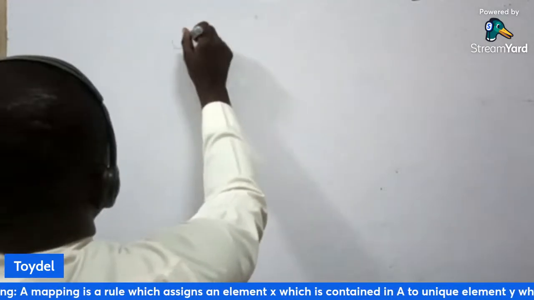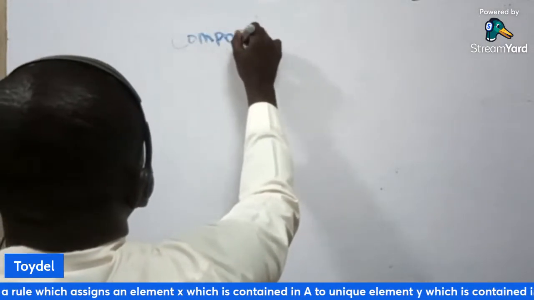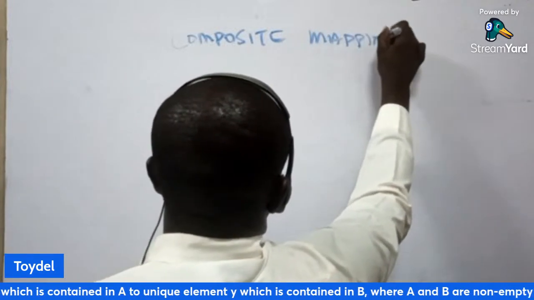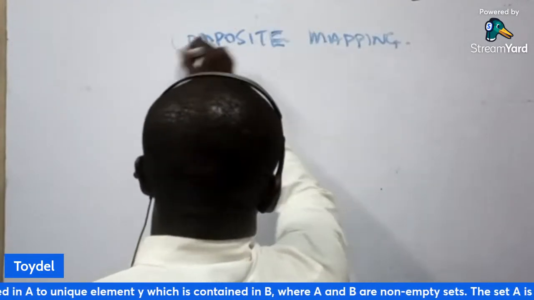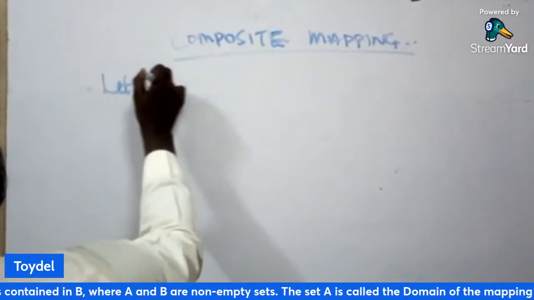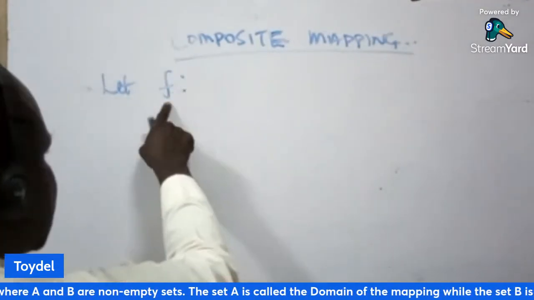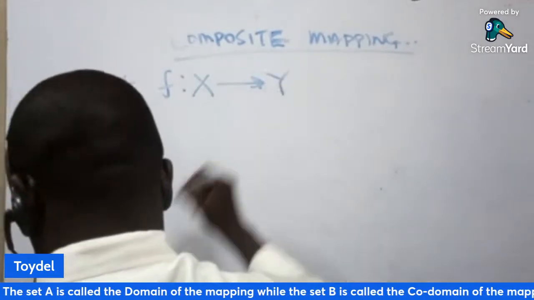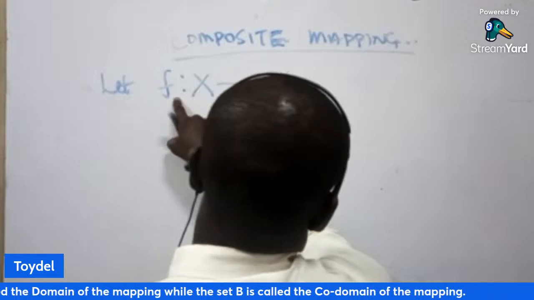So today we'll be talking about composite mapping. Under composite mapping, let f be a relation or a mapping that takes elements from x to y. This is one mapping.